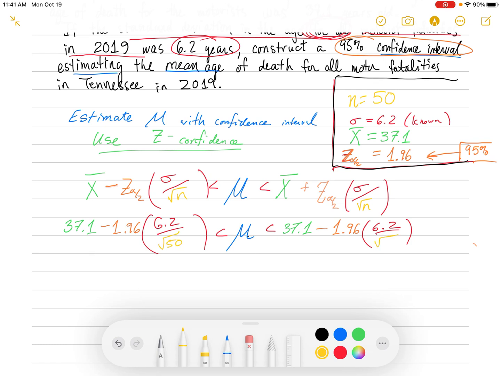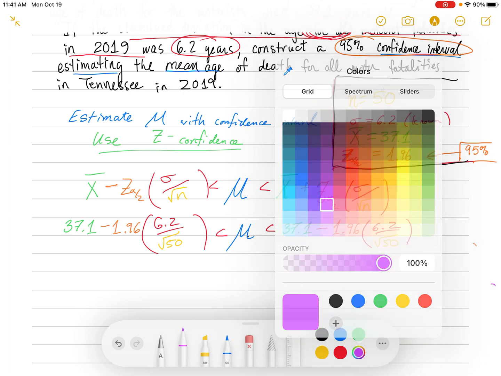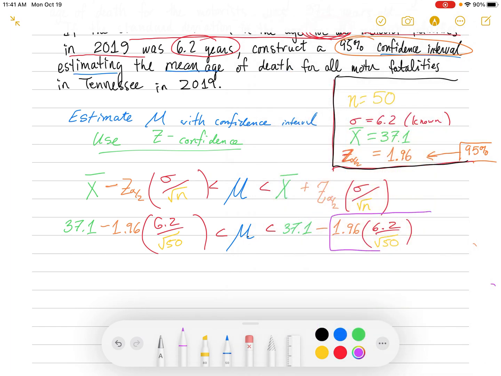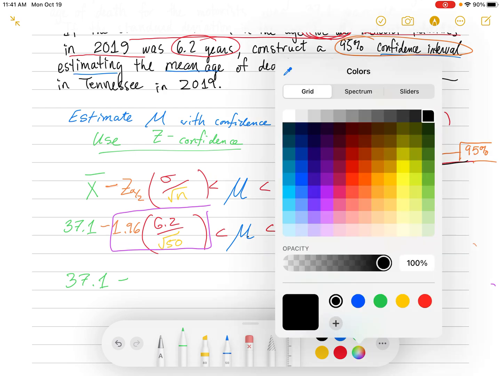It's going to be on the top of our fraction. On the bottom of our fraction, we're going to have a square root of 50. So basically, I'm going to take what's in this purple box right here, and I'm going to compute that. So I'm going to have 37.1 minus a number, and then 37.1 plus a number.